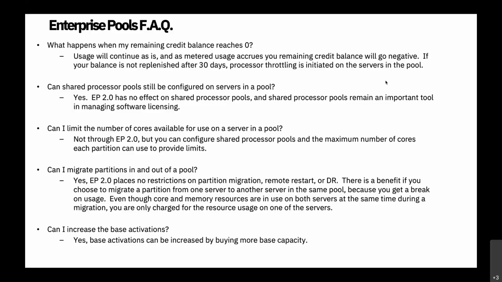The base credit, you definitely have to buy minimum base capacity. Like you said, it is 1 core and 250 GB, and it's not per OS, this is on the system. So 1 core and 250 GB is a minimum on that activation. But the credits, I think you can buy as you need. It's not like you have to buy so many credits, but there might be a minimum. I can double check and confirm if somebody wants info on the minimum number of credits.